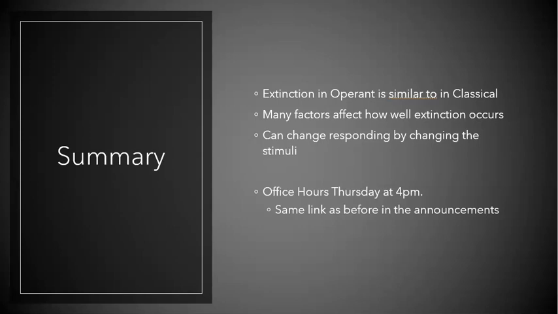Changing the reinforcement to the stimuli can change our responding. And then, of course, I just gave you guys that fun assignment of doing operant conditioning at home. Do something fun. You can do it to yourself. Reward yourself for something.